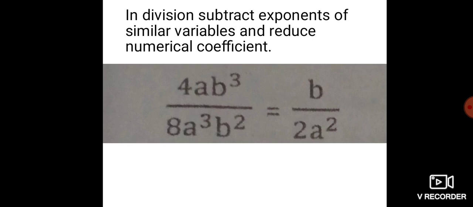So b raised to the power of 3 over b raised to the power of 2, the b in the denominator you may cancel, and only b remains in the numerator. So that's why the answer is b over 2a raised to the power of 2.